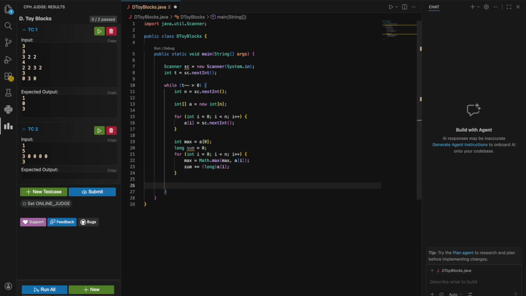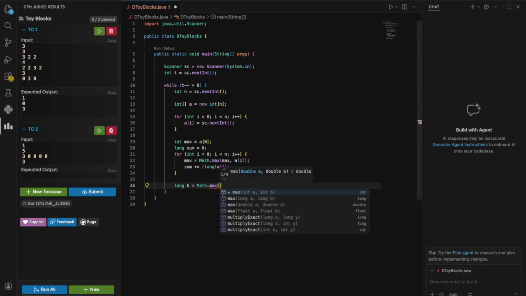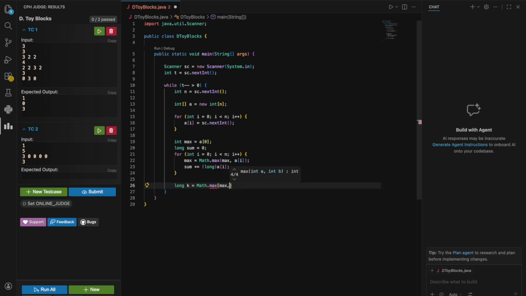Next, we need to find k, which is the target height required. This height is the maximum of the max element present in our array and the ceil division of sum and n minus 1.